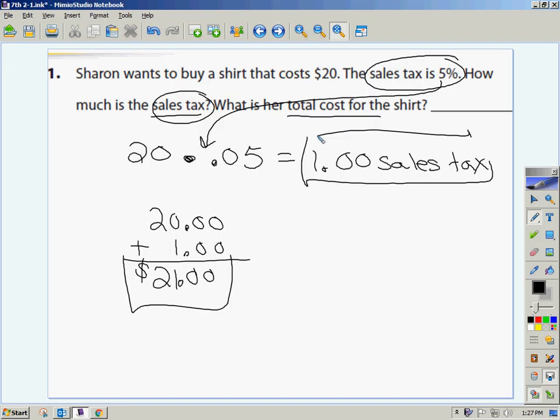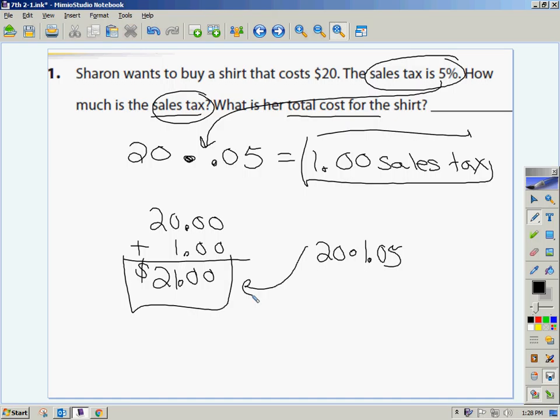Everybody see that this is basically the same as what we've been doing? Yes? If they asked me how much I was paying going out the door, and they didn't care how much tax this was, I could have added 100 to the 5, which would have been 105%, and I could have multiplied 20 times 1.05, and it would have given me this amount.